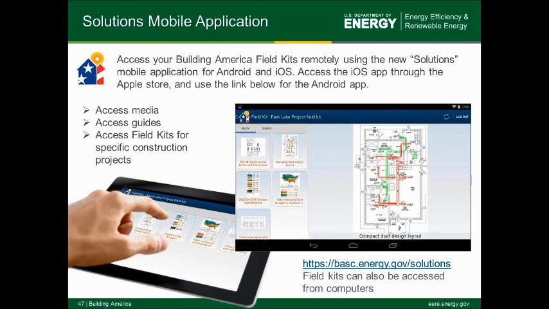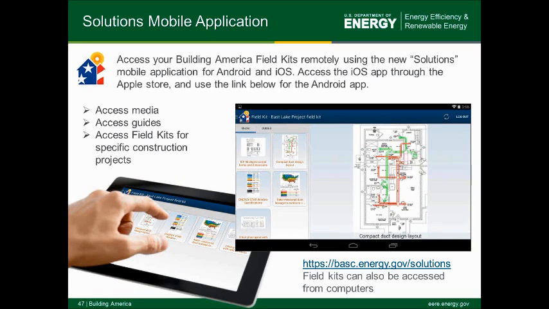So one of the great applications of BASC is the ability to take all of this information, all of your saved information, out into the field with you. As Sam noted, in the new simplified homepage interface, we have a link directly to the Solutions app.